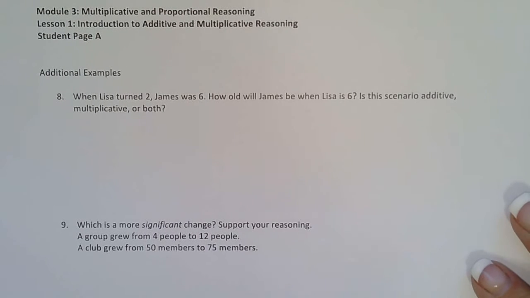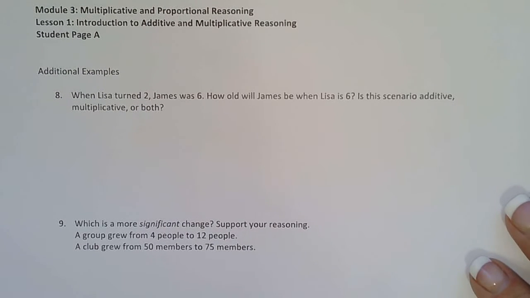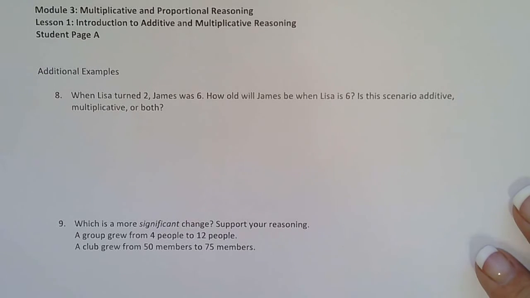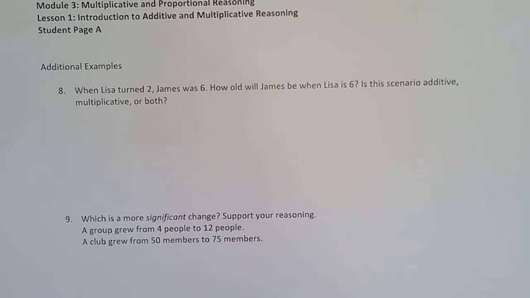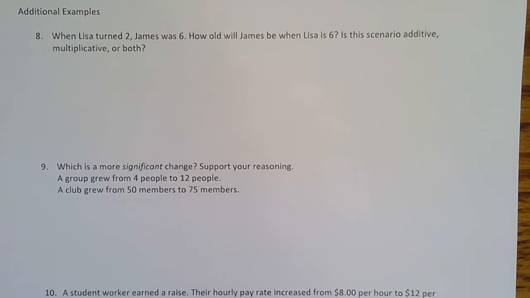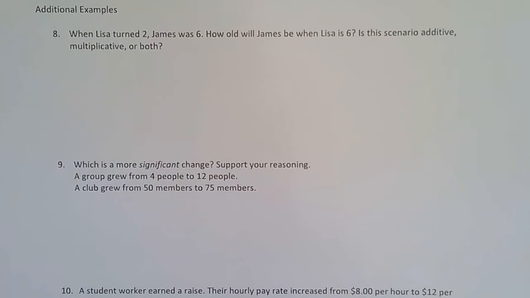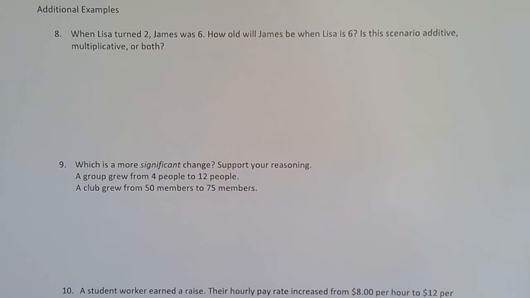So as we go through these examples, keep in mind the two types of reasoning. Is this a problem where I add or subtract, or is this a problem where it would be better to divide and find out how many times larger something is? This first one with ages is a good example for you to think, is this an addition problem or is this multiplication?